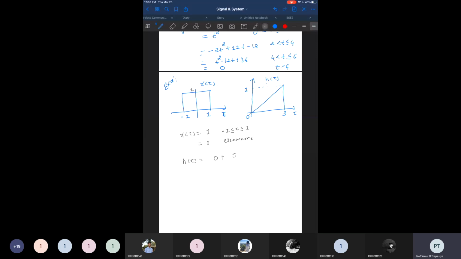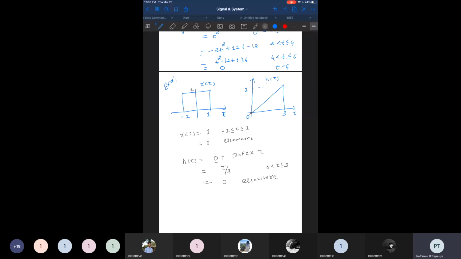So we can say it is nothing else but 1 by 3 tau, or tau by 3. This function is valid from tau 0 to 3, and it is 0 elsewhere.